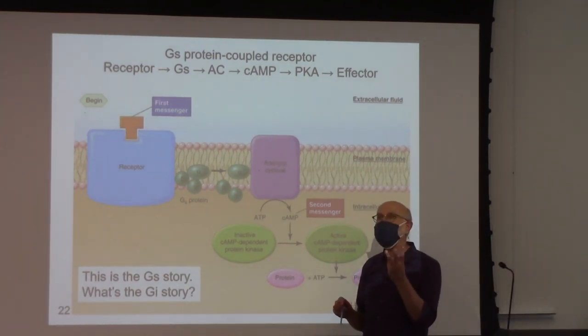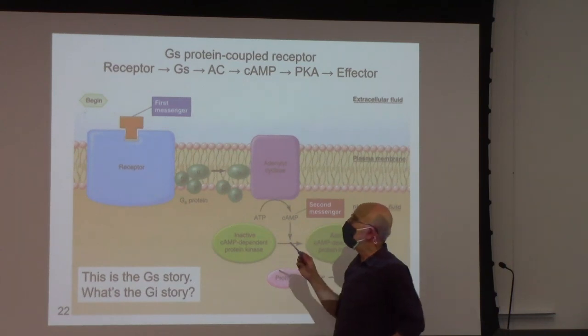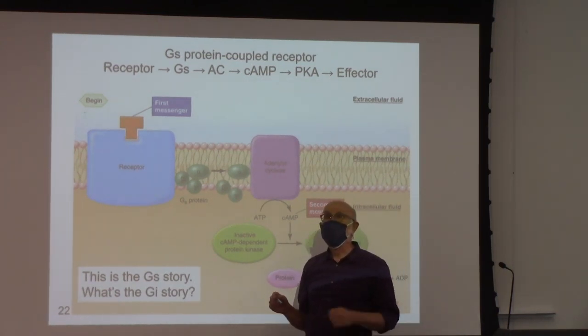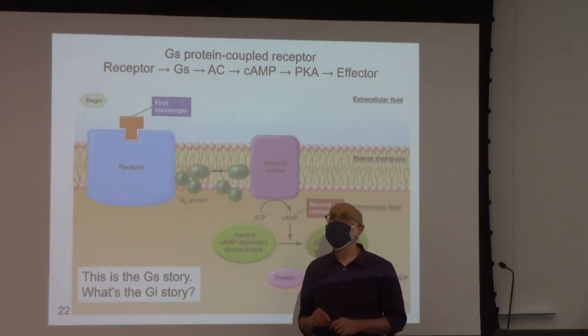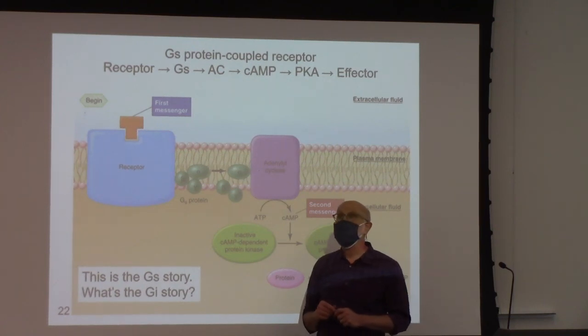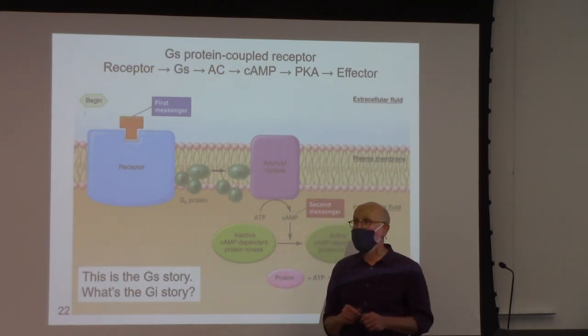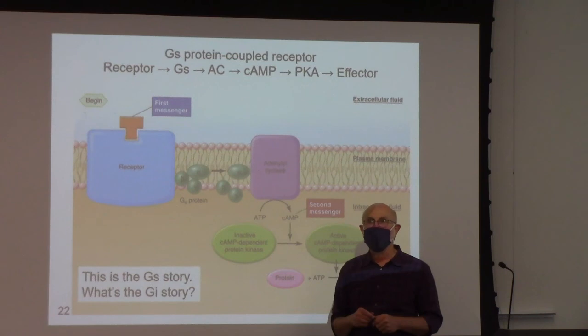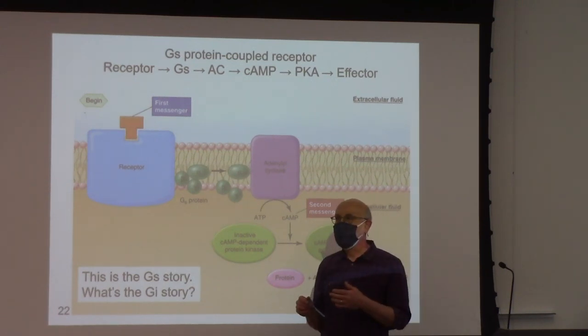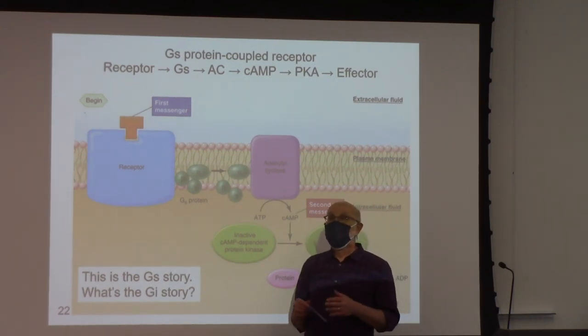There are 3 types of G proteins that we need to talk about. Gs, S as in stimulatory, which you heard about in cell phys. I know that you did because I asked Lindsay. Or I taught you.